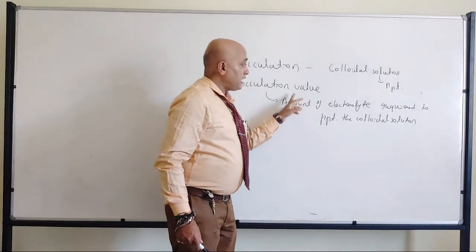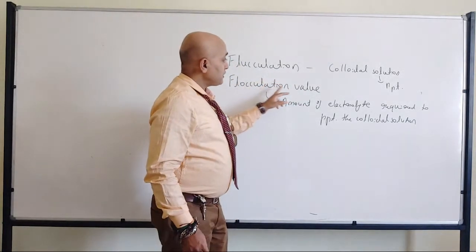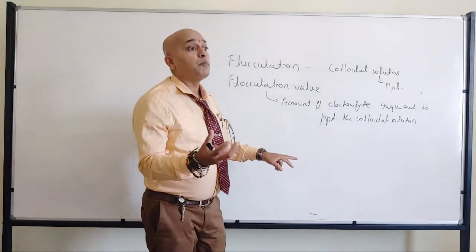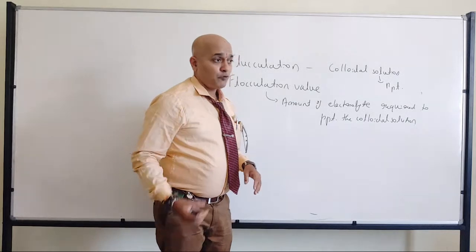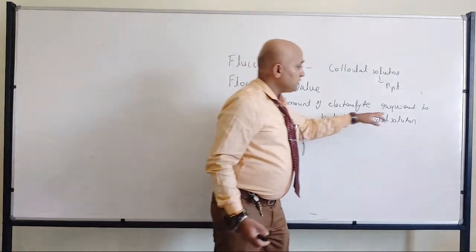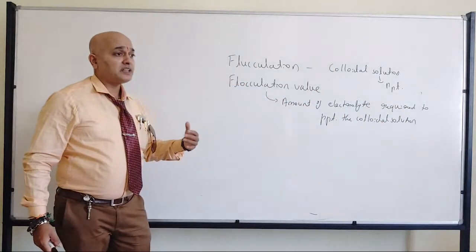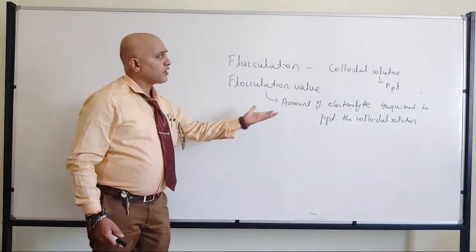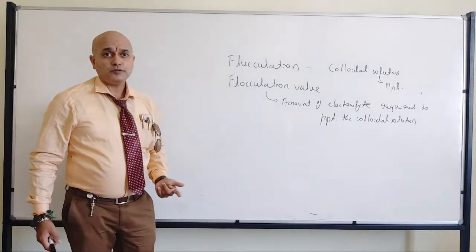Flocculation is the process; flocculation value is the amount. Amount of what? The quantity of electrolyte required to bring about the flocculation of a colloidal solution. That is flocculation value.